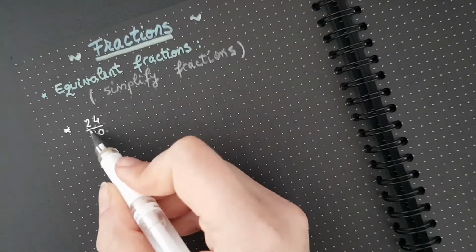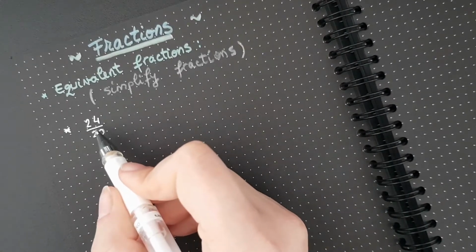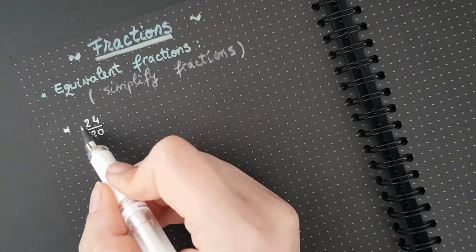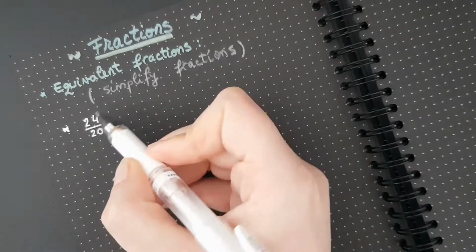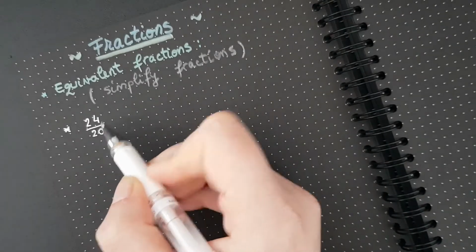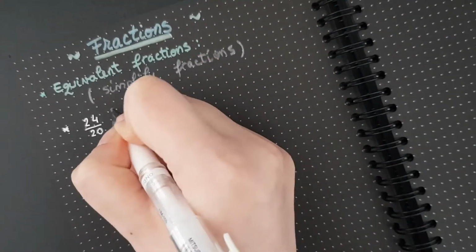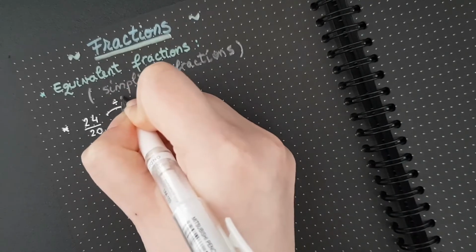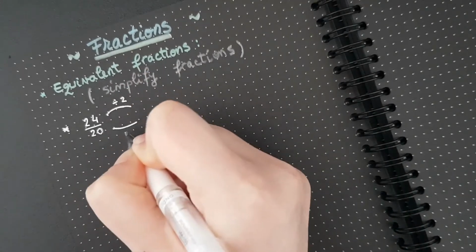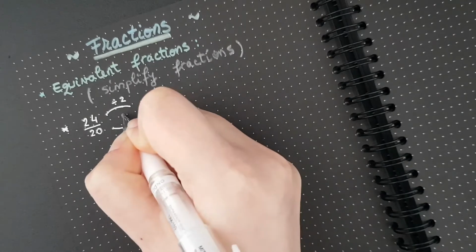So I'm gonna show you how we can do it with 24 over 20. Now, both 24 and 20 are even numbers. That means I can divide both of them by 2. So what I'm gonna do is I'm gonna divide the top one by 2, and I'm gonna divide the bottom one by 2 as well.